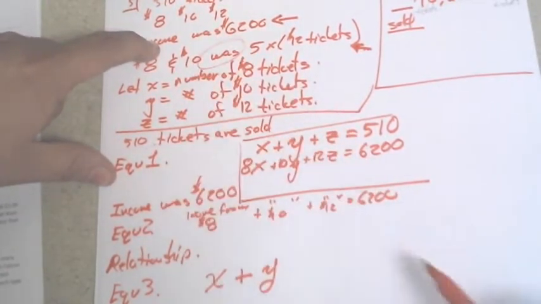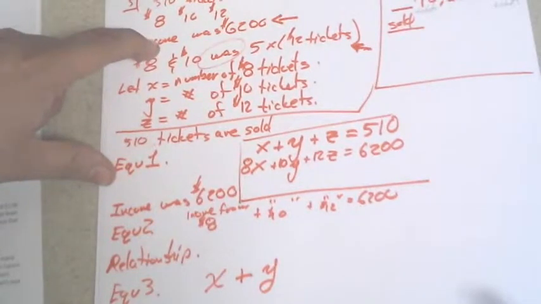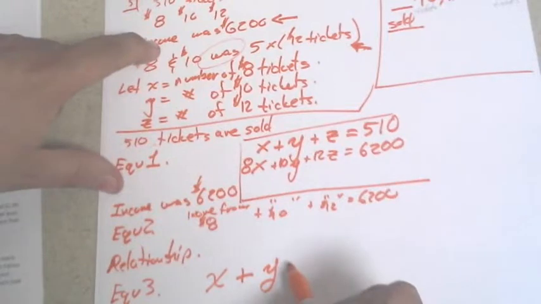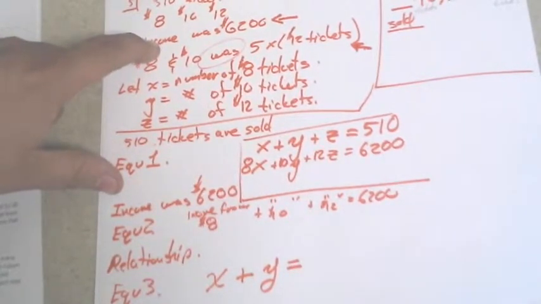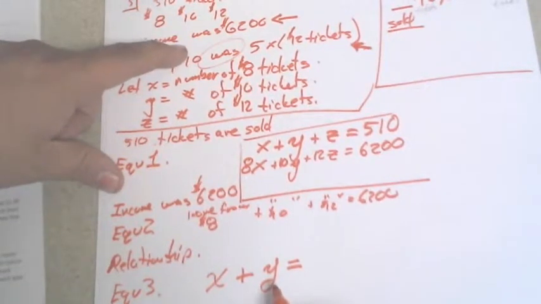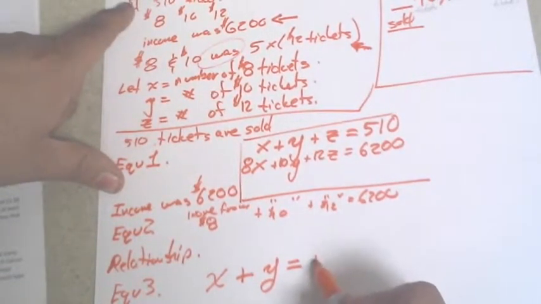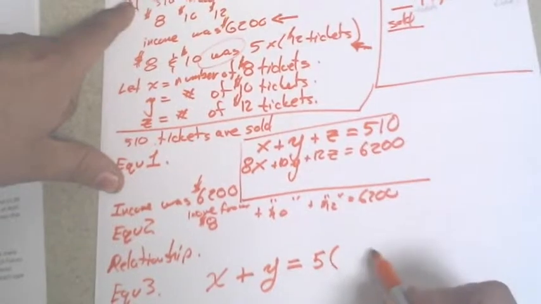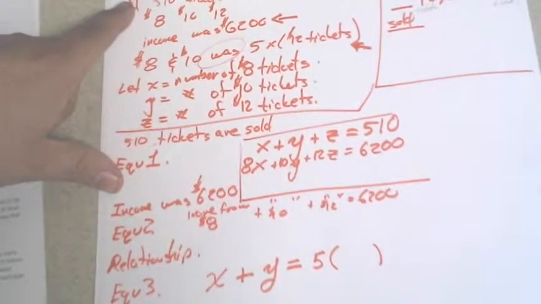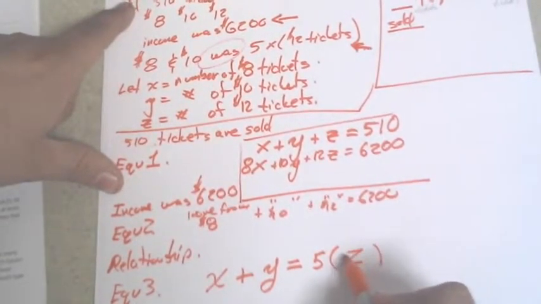That word was is a very big word. That's your verb. Was is the same as was equal to. That's where the equal sign is in your equation. The number of $8 tickets plus the number of $10 tickets was 5 times the number of $12 tickets, Z.